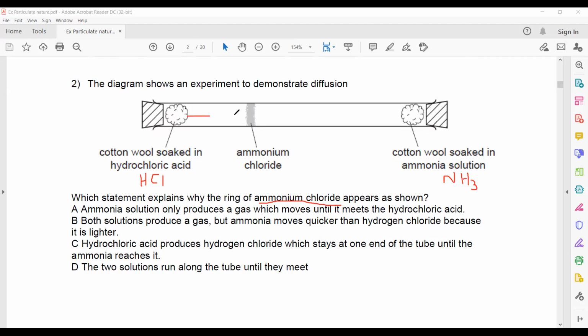So when HCl is mixed with NH3, it forms the compound ammonium chloride. Mass of HCl is 36.5 and mass of ammonia is 17. So which statement is correct? What is the right answer for question 2?